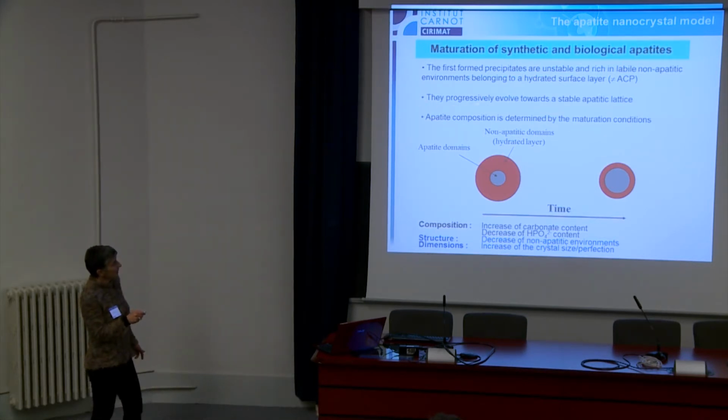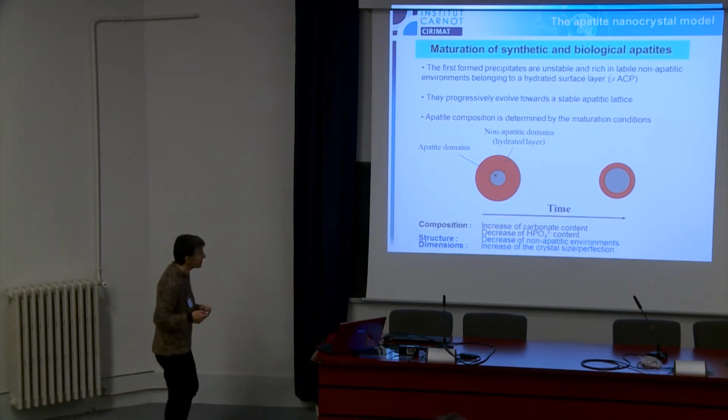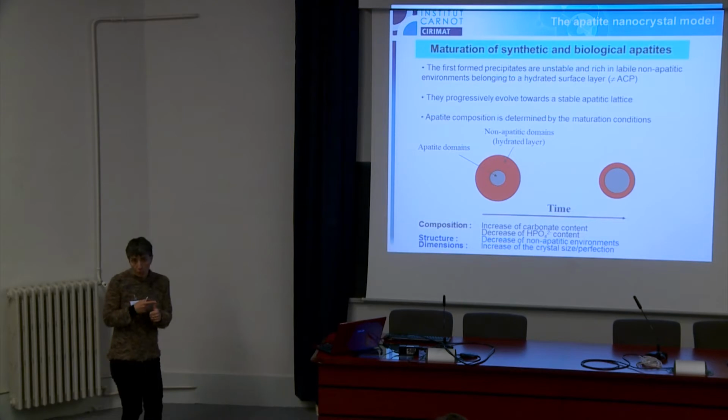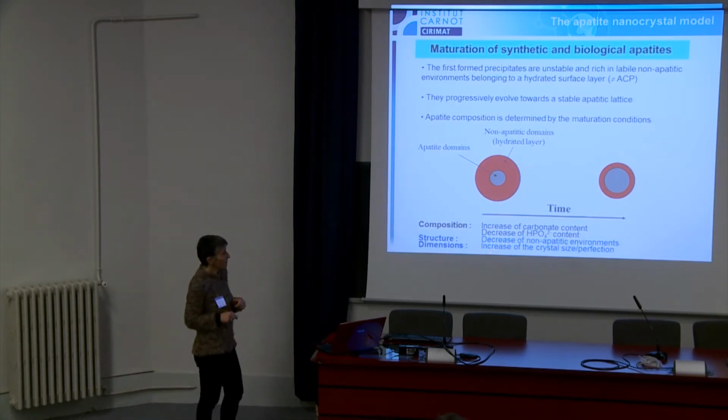These domains evolve progressively towards a stable apatitic lattice, which means a more crystalline phase. And the HPO4 content, which is mainly related to this layer, is decreasing also. And we also have an increase of crystal size and perfection related to the extent of this apatitic domain.